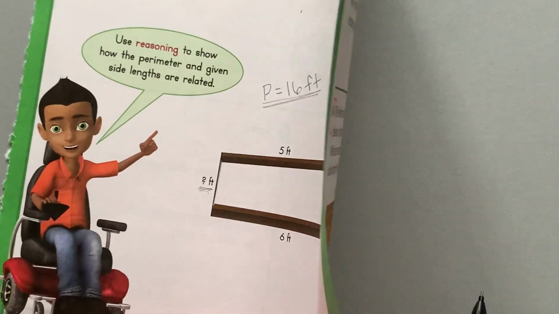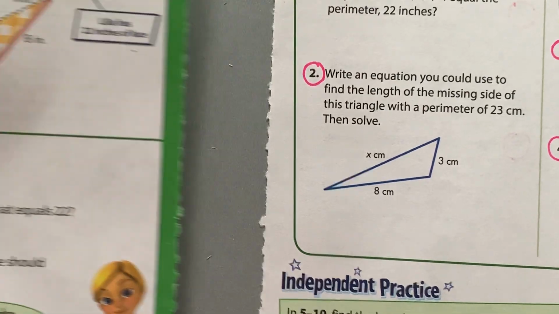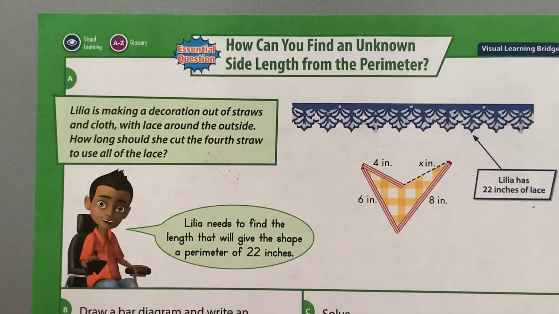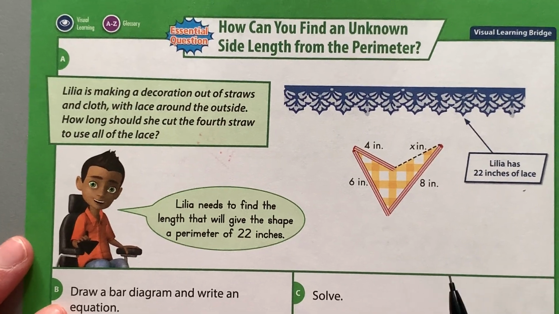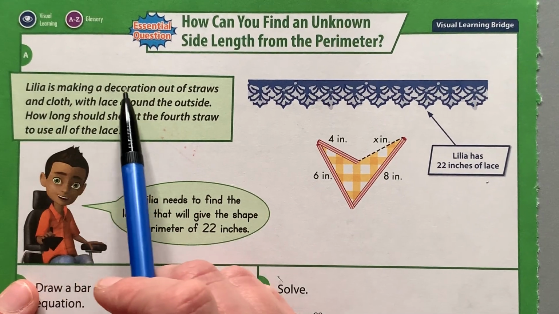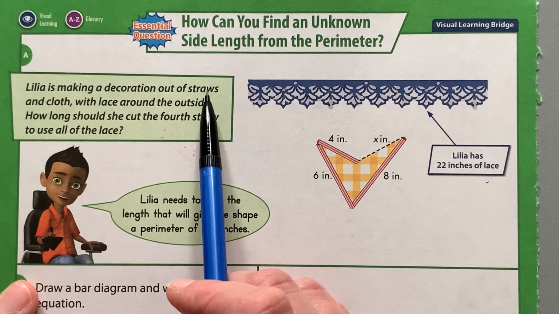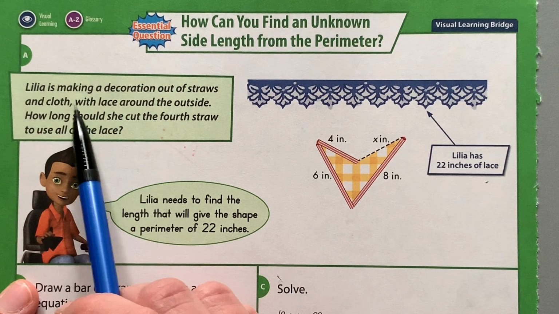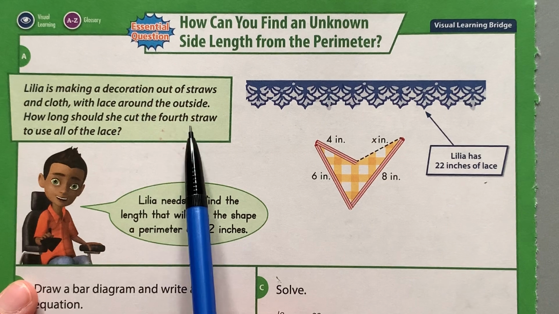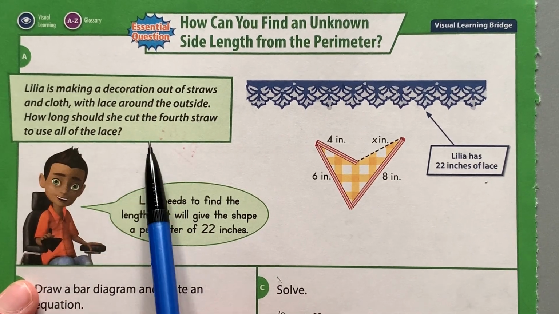So let's do this. All right, we are going to go on to page 622 and just look through this example here briefly so that you can see when this would happen in real life. Lila is making a decoration out of straws and cloth with lace around the outside. How long should she cut the 4th straw to use all of the lace?